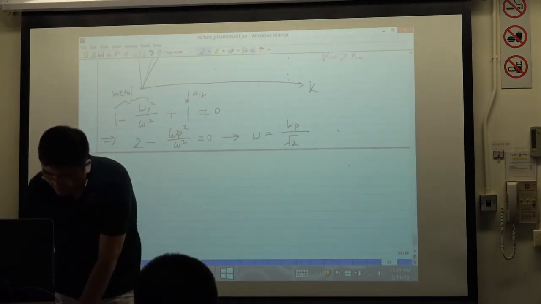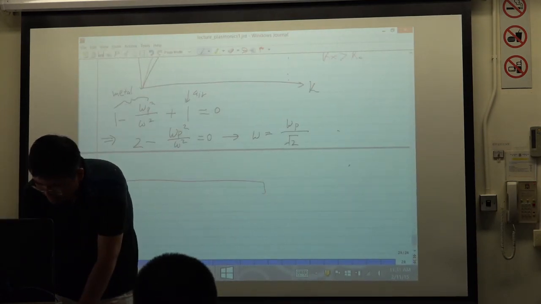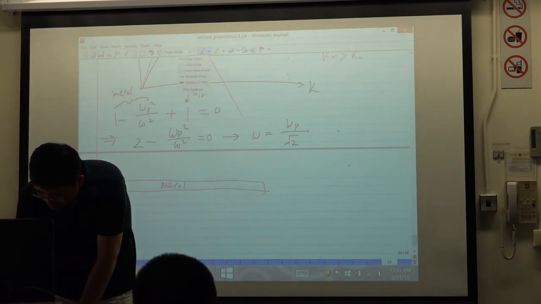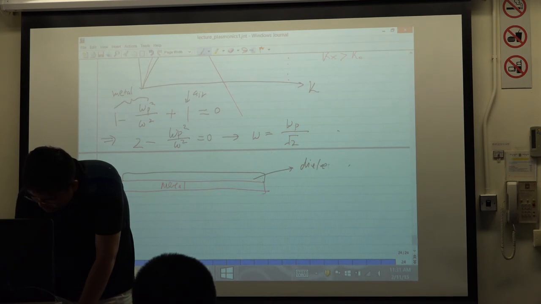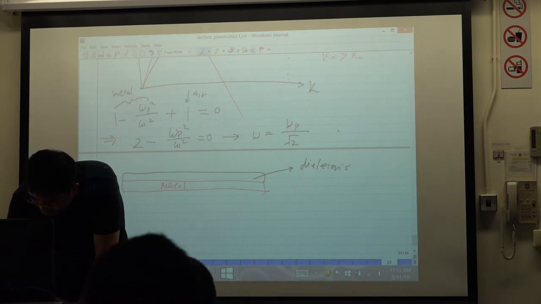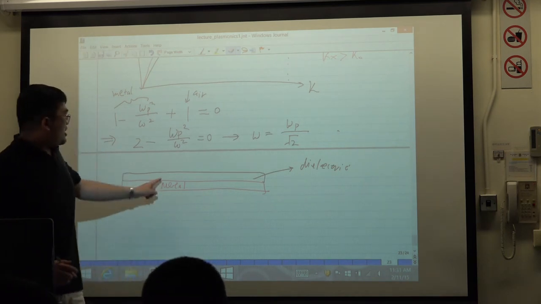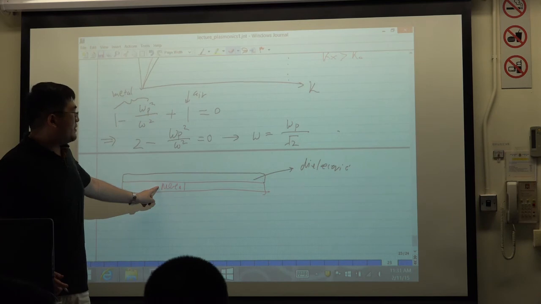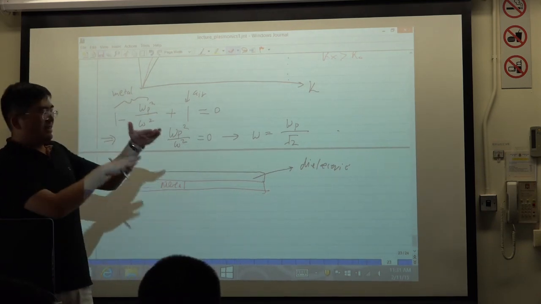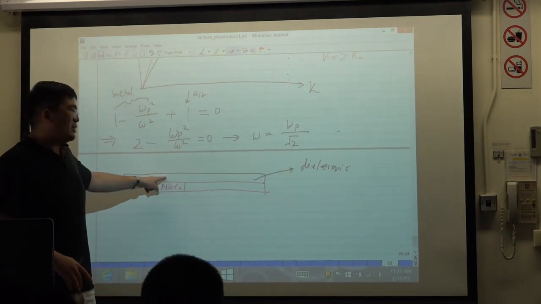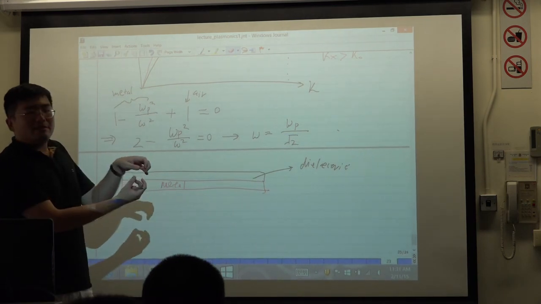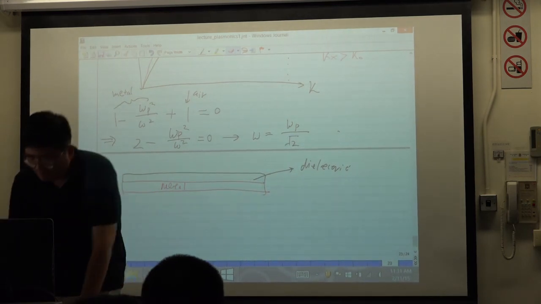This last case, I will mention again in the next lecture because it is important. This is a metal, and this is a dielectric. If I change the permittivity of the dielectric, I can shift this dispersion curve. It's very sensitive to this dielectric. If some reaction happens, it can shift this.